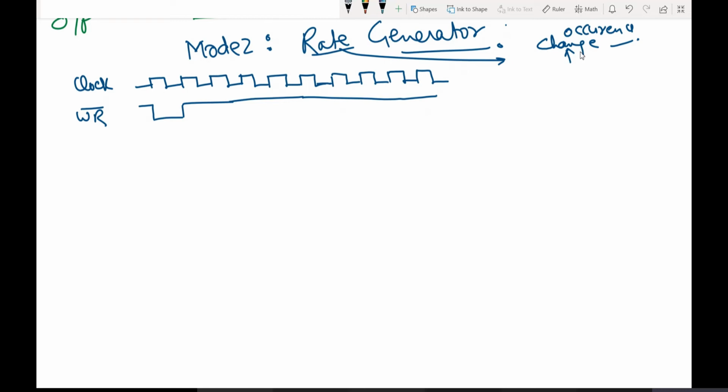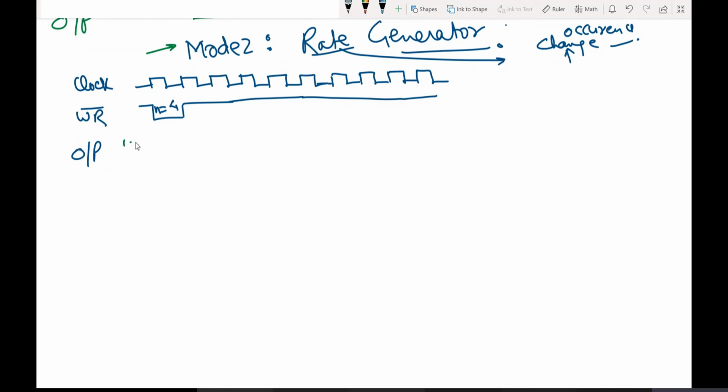All right, let's draw the output. In this case, let's load the count again. Let's have the same value 4, and now let's draw the output. Same thing, we need to understand first what is going to be the initial or previous form of the output.